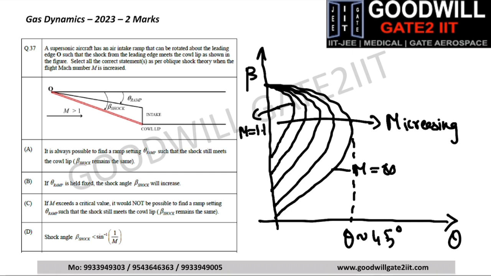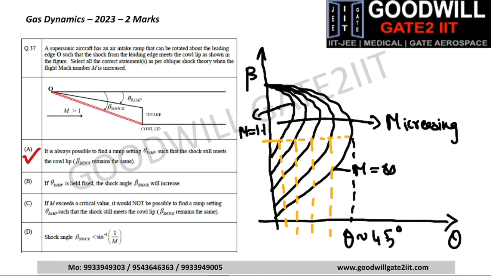So if we consider a point where beta shock is fixed, let's say this point, here we can draw the corresponding thetas for every Mach number increasing. We can see that with beta shock remaining the same, there is always a possibility of a finite theta ramp which can be adjusted such that it meets the cowl lip. So option A seems to be correct.